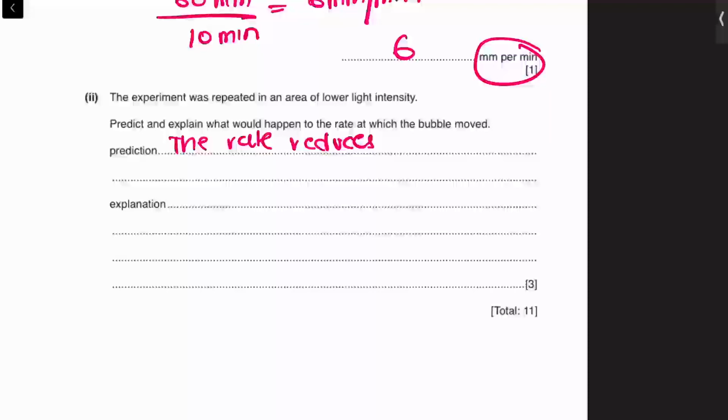So when will the stomata open up? When the light intensity is high. So when there is a high light intensity, stomata open up and more water is lost through transpiration. But when there's a low light intensity, the stomata close in order to protect the plant against water loss. So this is actually the main answer, right?